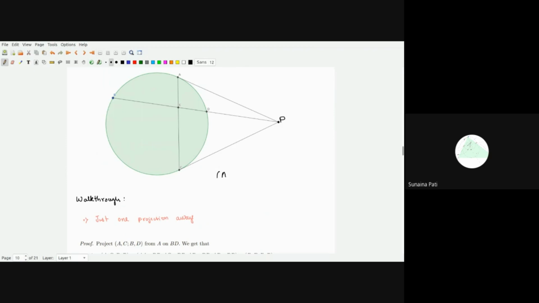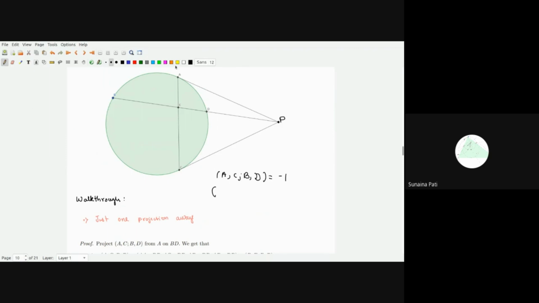Actually, ACBD, the correct representation, is harmonic. Now you project it from A to the line BD, which you can do because A is a point lying on the circle. Remember, you can only project from a circle to a line and vice versa, provided the perspective point is on the circle. So you project it from A on the line BD.